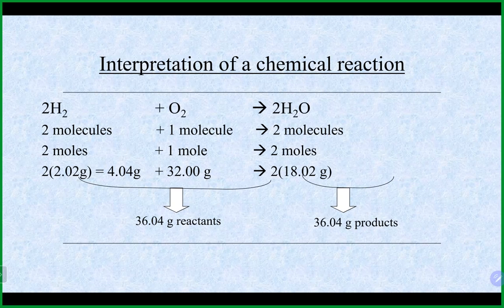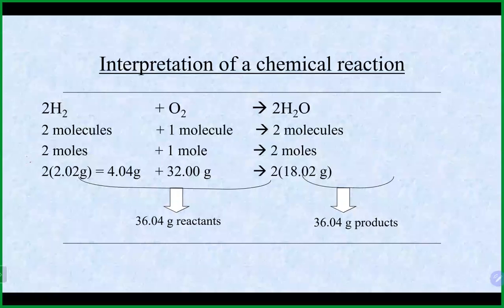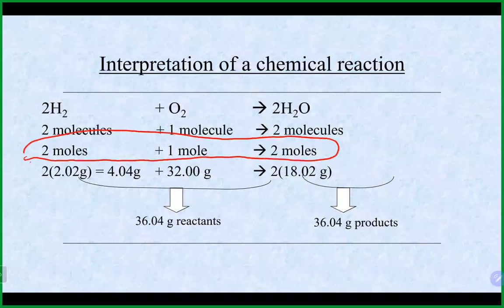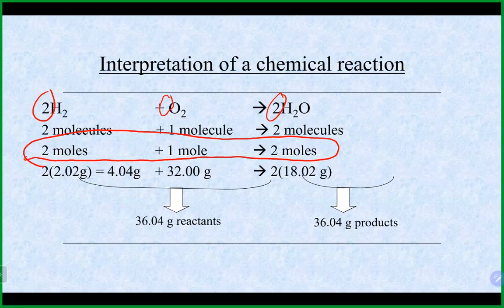Really, in this chapter, and pretty much when you do stoichiometry, we will use what is referred to as the mole-to-mole relationship. And those come straight from the coefficients in the balanced equation. So there's no calculating the relationship or anything like that, but that is where we get our conversion factor from. So here we can say 2 moles of H2 react with 1 mole of O2 to form 2 moles of H2O. And that is the mole-to-mole relationship.